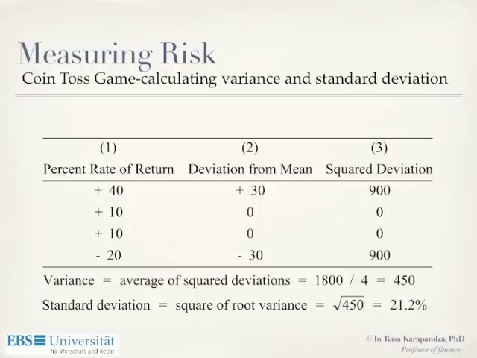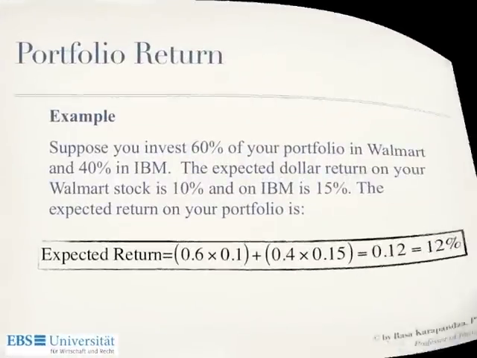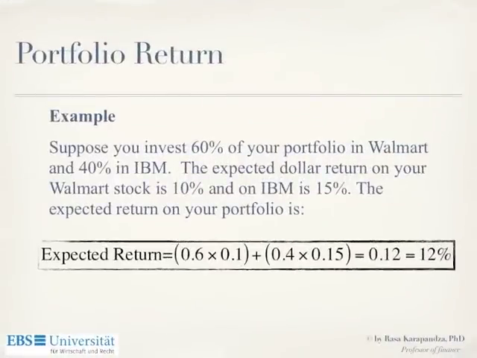Now the question is, how do you calculate the return of a portfolio if you invest in more than one stock? You invest into stock of, let's say, Walmart and stock of IBM. And let's say that you invest 60% of your money into Walmart and 40% into IBM. What is the return that you get from this investment?